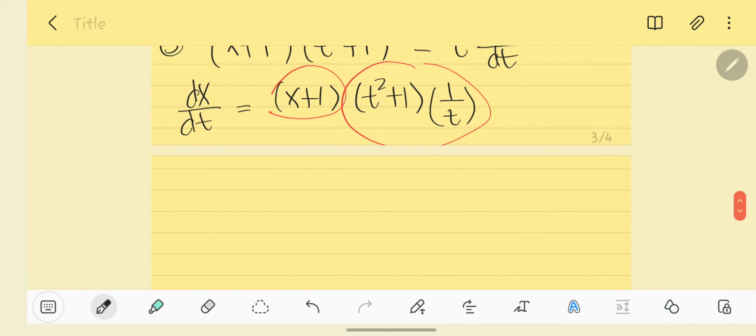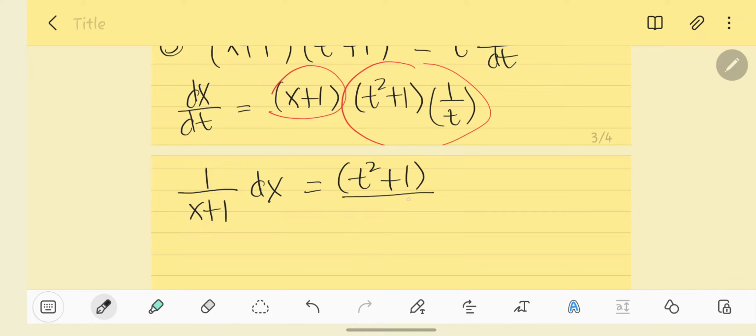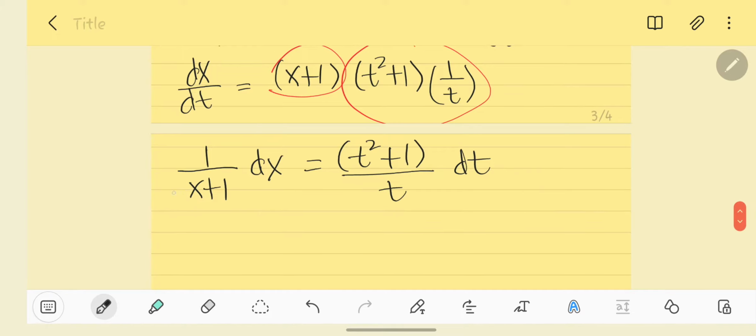The equation now becomes 1 over x plus 1 dx is equal to t squared plus 1 over t dt. So now we have to integrate both sides because we are now in step 3 and we have combined all the like terms.